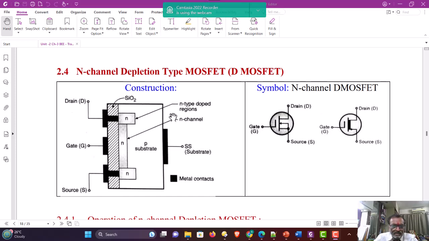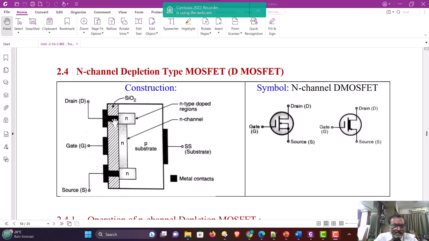So here, the upper and lower N type of diffused regions are called drain region and source region. Whereas the N channel region, which is connecting this upper and lower N type of islands, is called the channel. So ultimately, in total, this is an N type of semiconductor material.